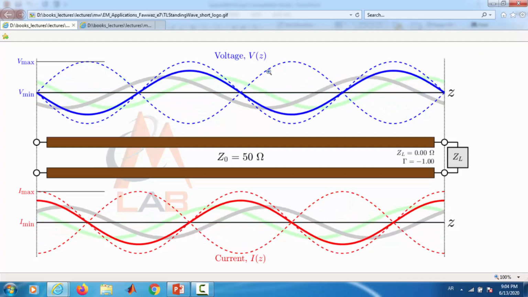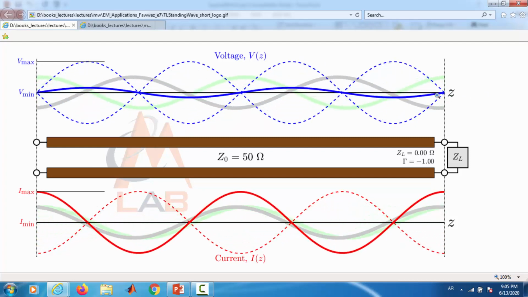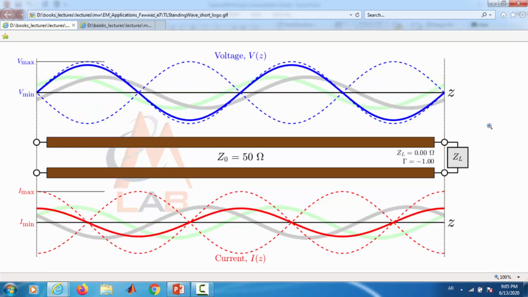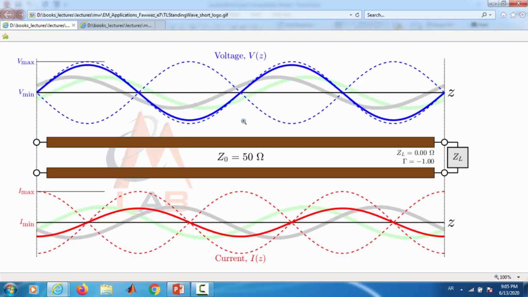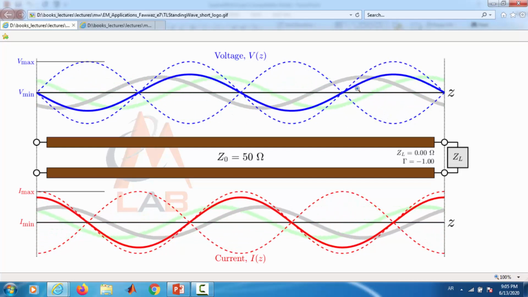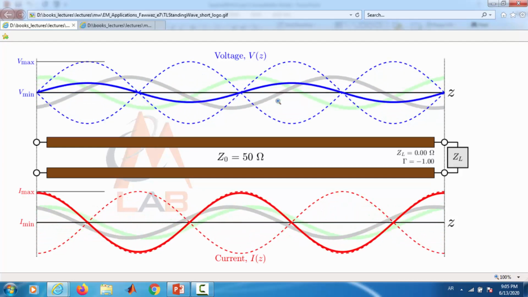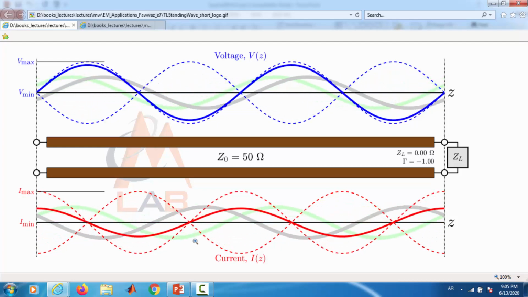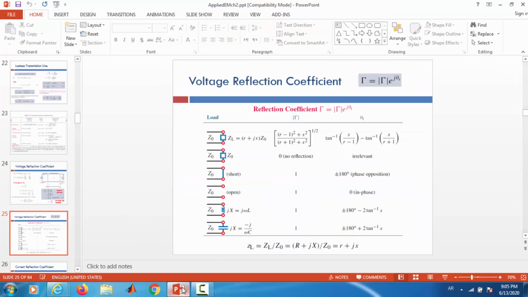But now there is no power delivered to the antenna, so no power will be radiated as an electromagnetic wave, and all the power stays confined along the transmission line as a standing wave because of the reflection. So this is the reflection effect of the transmission line, and it is a very bad effect.